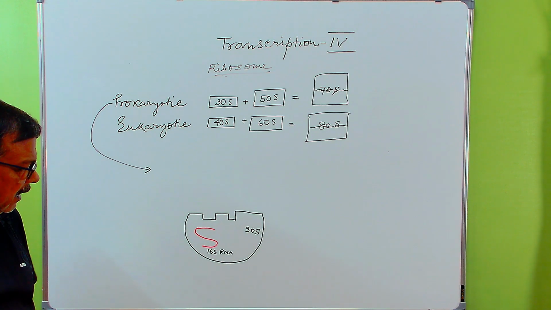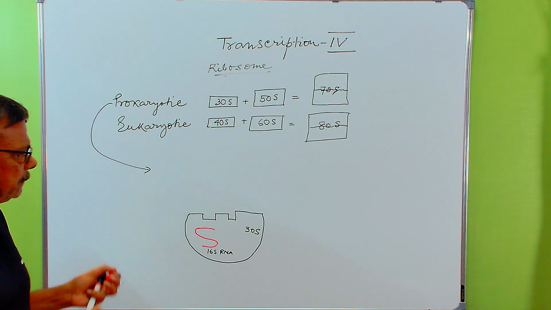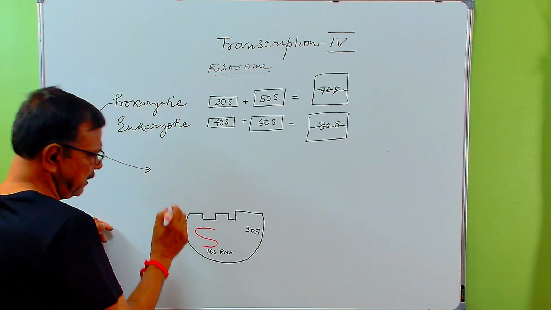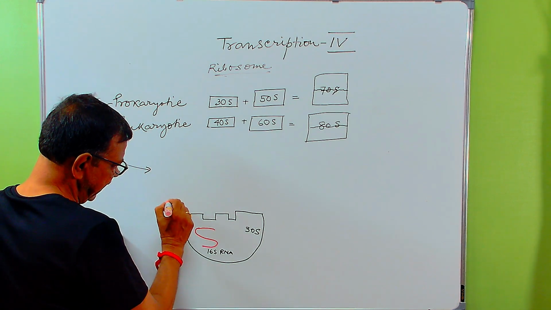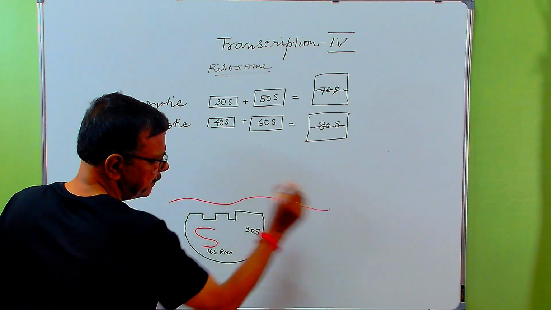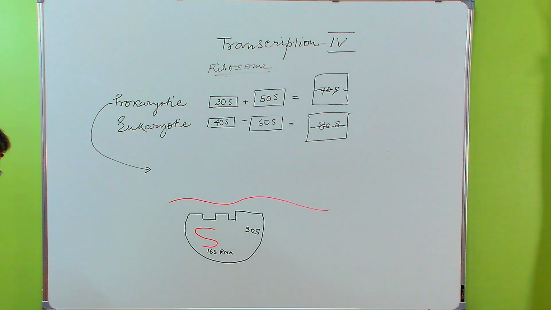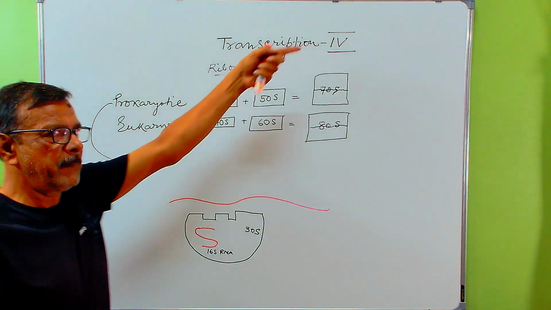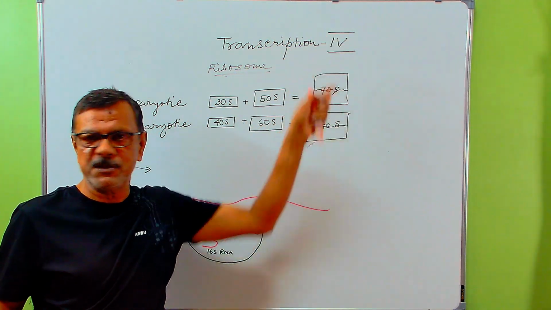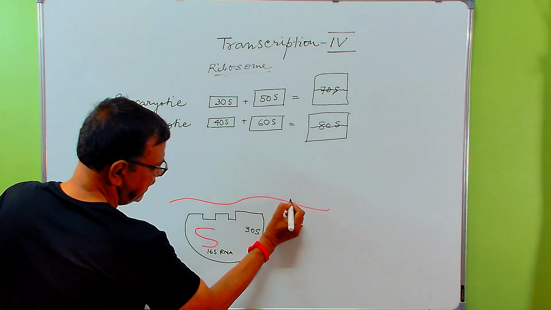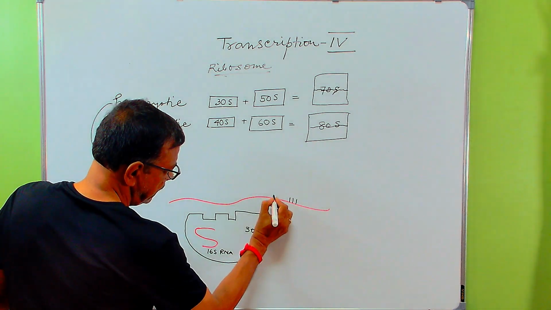And now what actually happens? In prokaryotes, the mRNA is like this. mRNA has codons complementary to the DNA from where it is produced. So these are the codons.